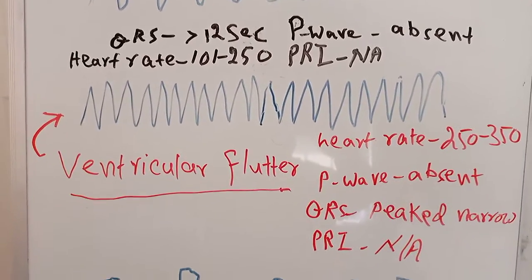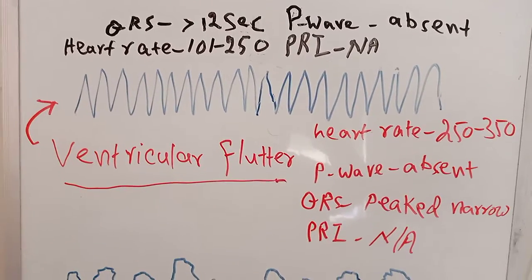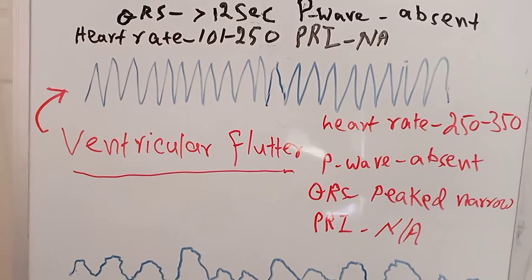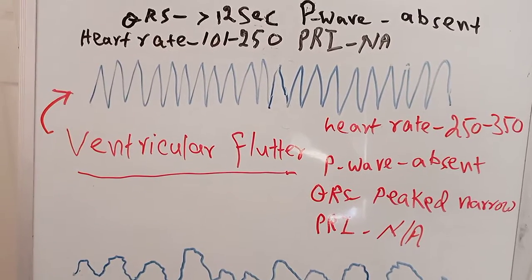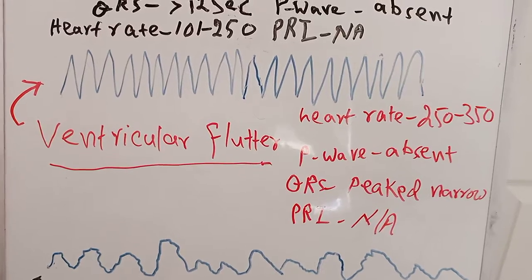In ventricular flutter, the ventricle is contracting faster than in tachycardia, and the QRS complexes produced are narrow and peaked. The heart rate is 250 to 350 per minute. It could be 400.